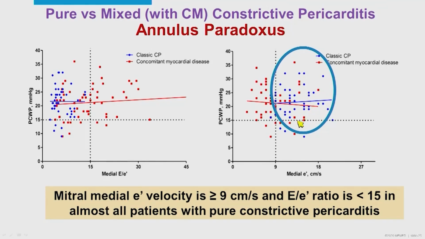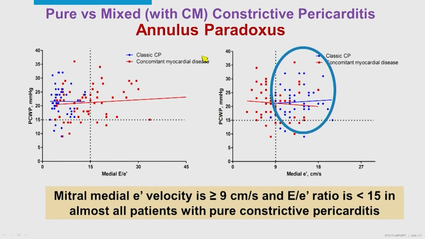And because of the higher E prime velocity, E over E prime, which is the estimate of the pulmonary capillary wedge pressure, in myocardial disease, it goes up because E over E prime is linearly correlated to the wedge pressure.